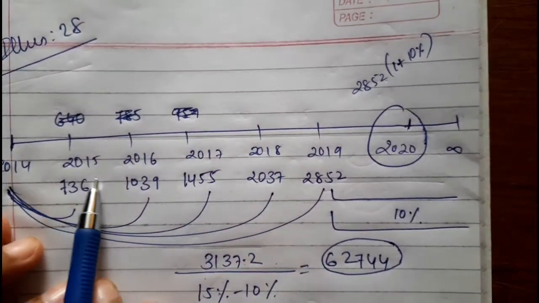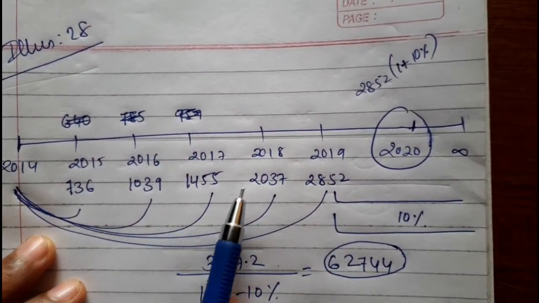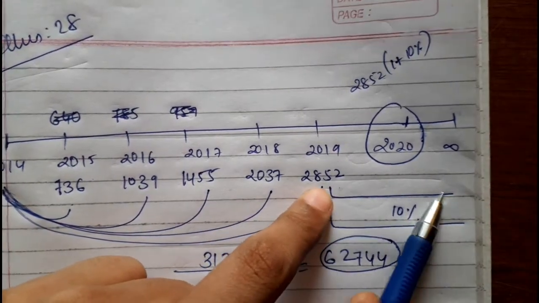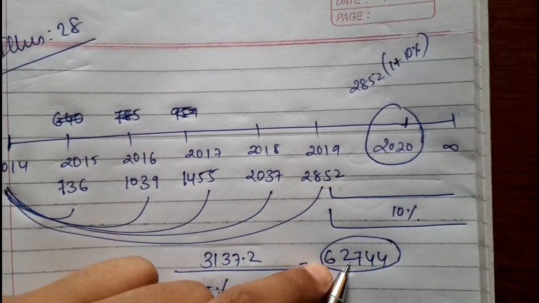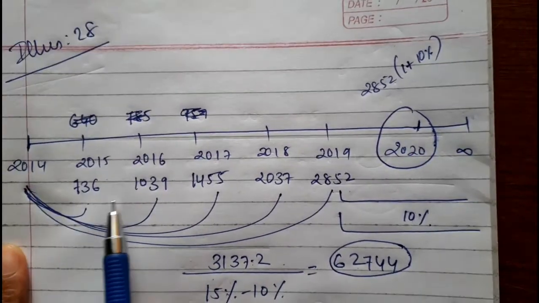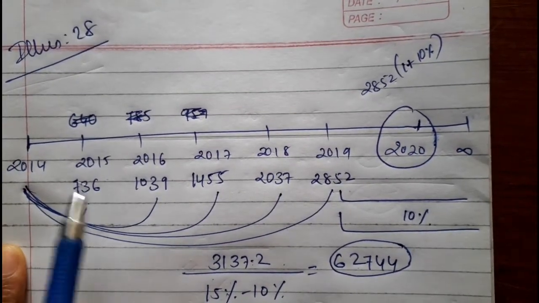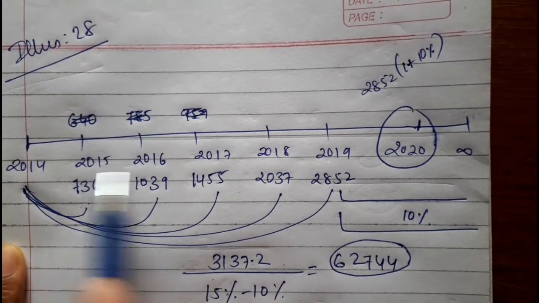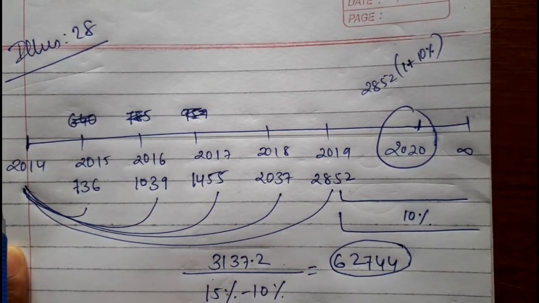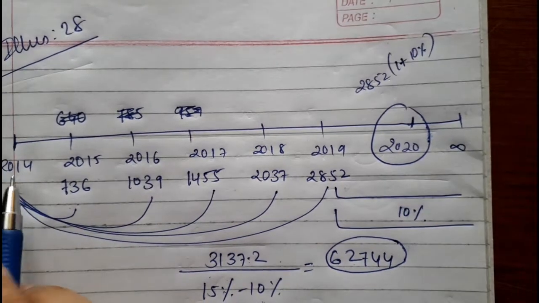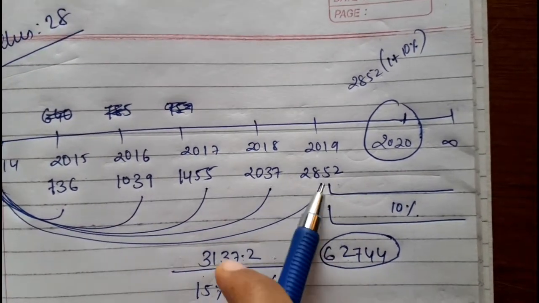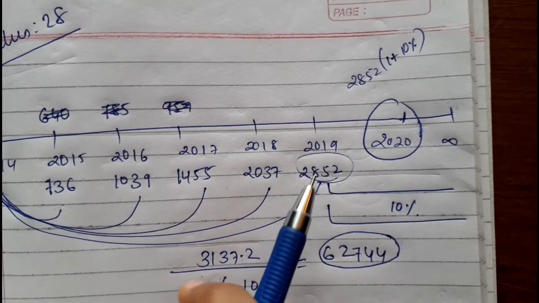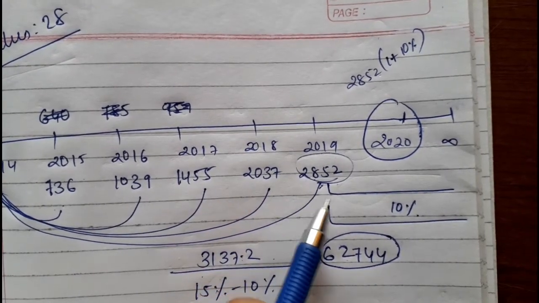Now we know the cash flows at the end of every year, and from this year onwards the cash flows are 62744. Now we'll bring them to the present value, with a 15% discount rate. We'll take every cash flow forward and bring it to the present, and this also will be multiplied with the discounting rate, which is 0.497.